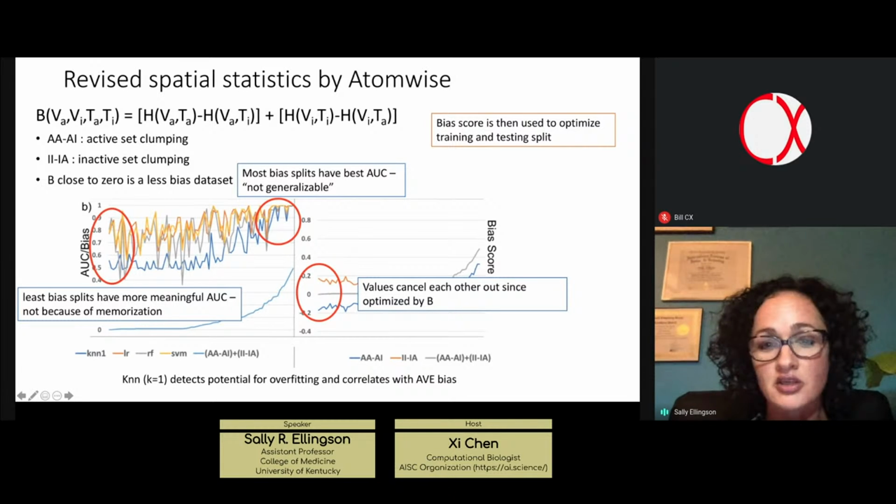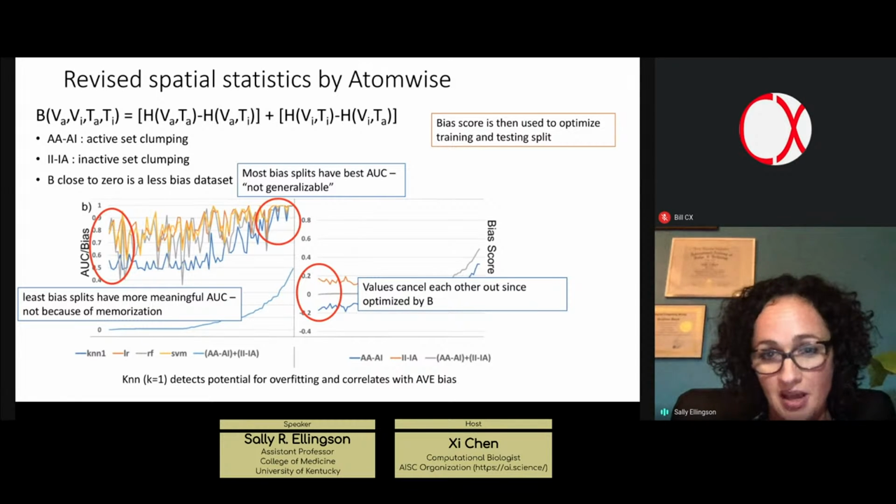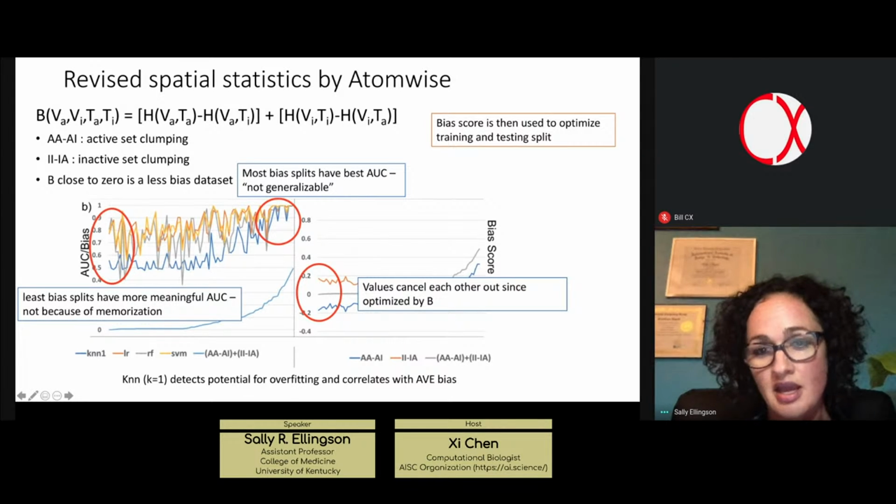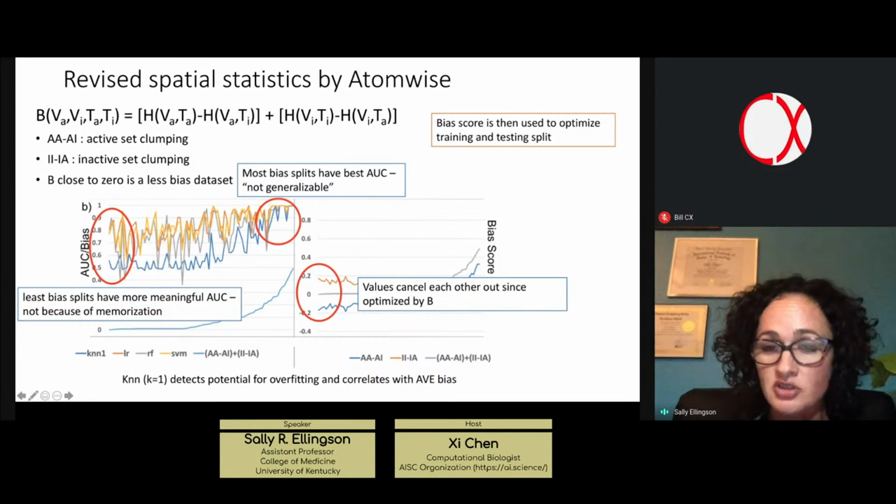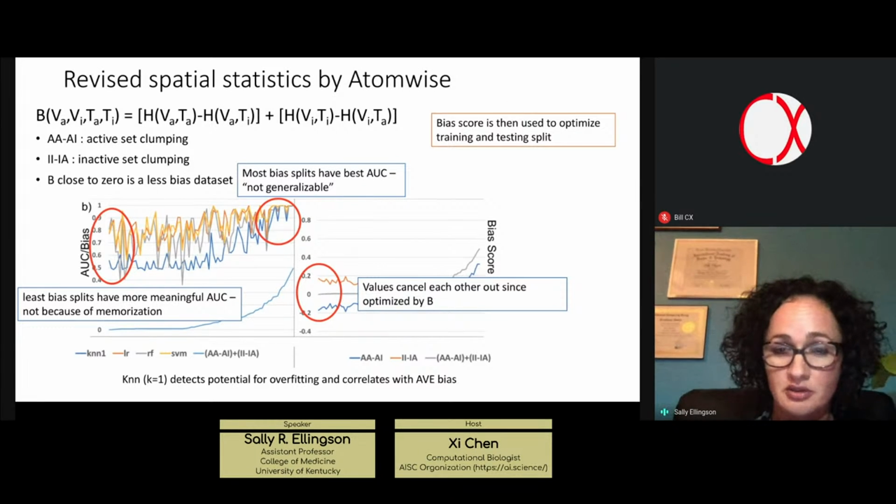Another thing to note when looking at the breakdown of the active and inactive biases is that often the active set gets a negative number, and then the decoy set, instead of trying to be optimized to 0 itself, cancels it out, making the data set potentially harder to classify and not bringing both values down to 0, which would make a better model or have less bias.